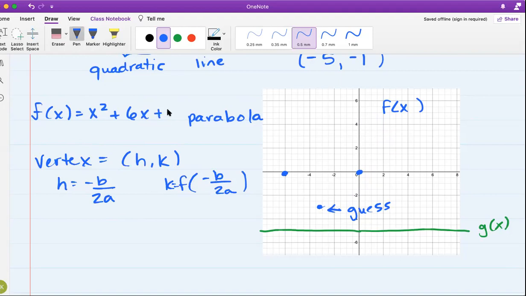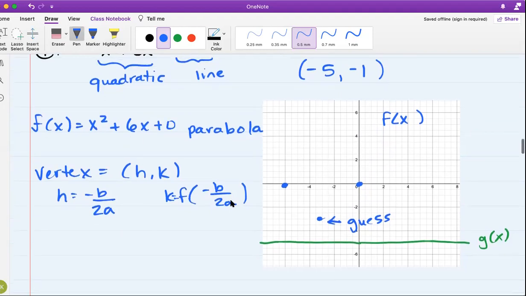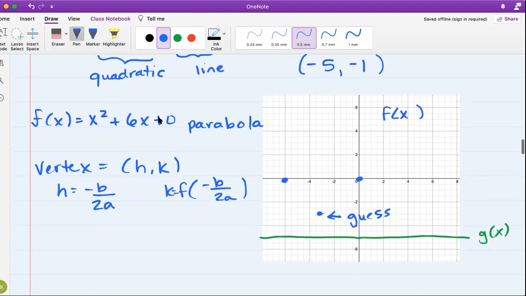Now I'm going to add a 0 here to our function, just so I can have it set into that ax squared plus bx plus c form. I really don't need to do that, but in case you get confused, if it doesn't look exactly like ax squared plus bx plus c, just add a 0 for that missing term. So h is -6 over 2 times 1, which is -3. Okay, so that gives us the h value.